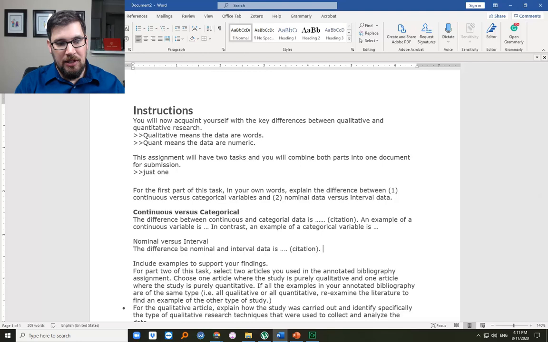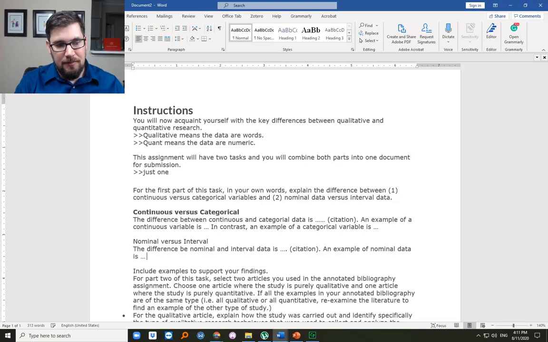The difference between nominal and interval data is, and then again an example of nominal data is, and then an example, or you can say in contrast again. Okay, so that's really what you're doing there.